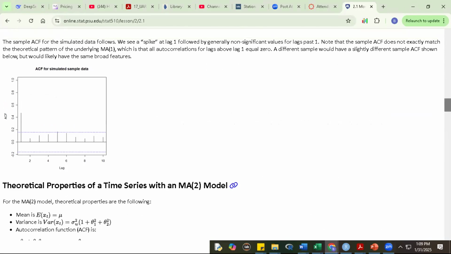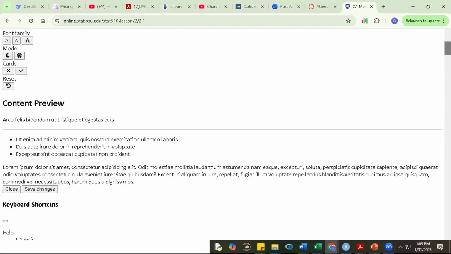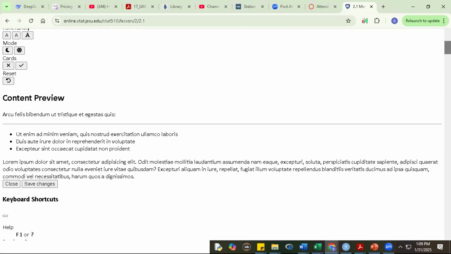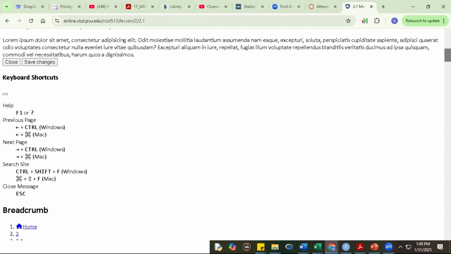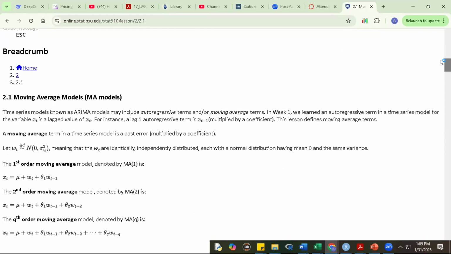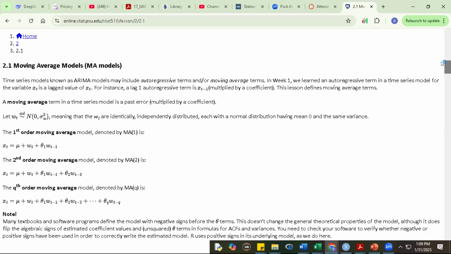Okay, so the first one that I shared with you contains some information about the ARMA process. This one, for example, which we discussed before, is an MA process, MA1 process. So you have your time series, x sub t, equal to a certain constant plus your error term, W or epsilon, others call it epsilon sub t, plus theta 1 epsilon sub t minus 1.